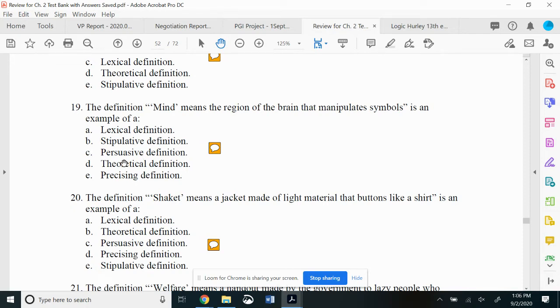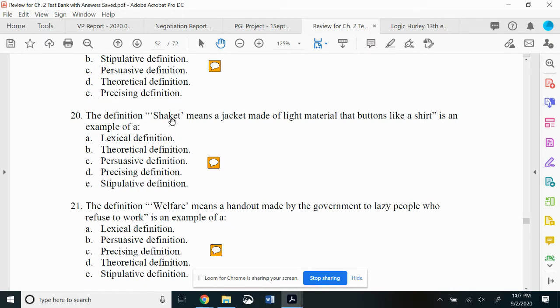So the earlier theory about our universe was such that everybody believed it revolved around the Earth. The new theory is that we do not revolve around the Earth, except for the moon. So there you go. 20, the definition shacket means a jacket made of light material that buttons like a shirt.